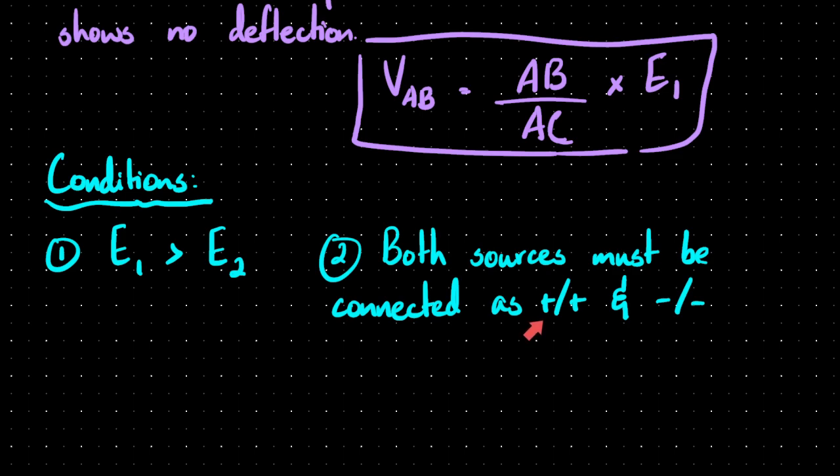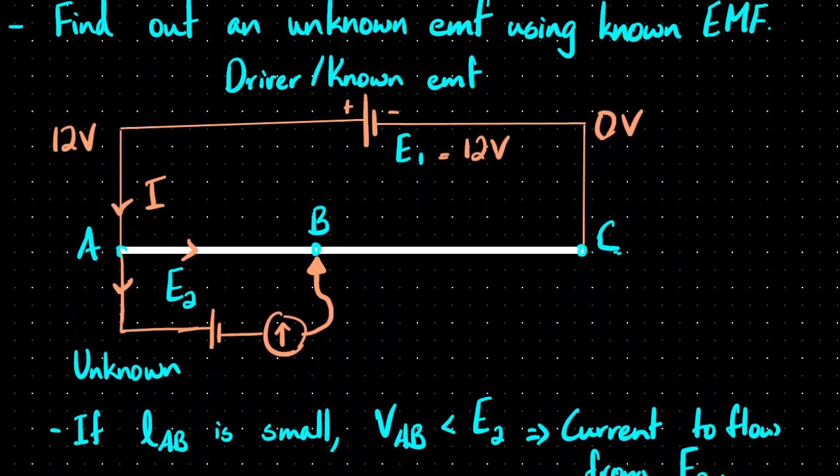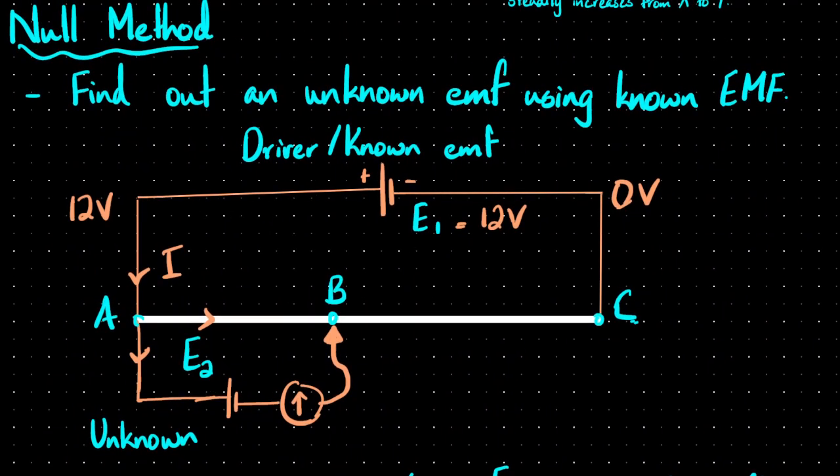The positive end must match up with the other positive end, and the negative ends must accordingly also match up, so that both of these EMF sources oppose each other, so that the balance point is obtained.